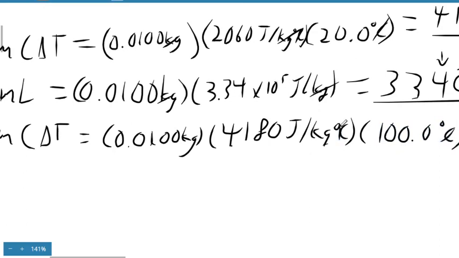So cancel out the degrees Celsius, cancel out the kilograms, we're left with joules. This is divide by 100, it's the same thing, and this is 100. So those cancel out, and it's just 4180 joules with 3 sig figs.